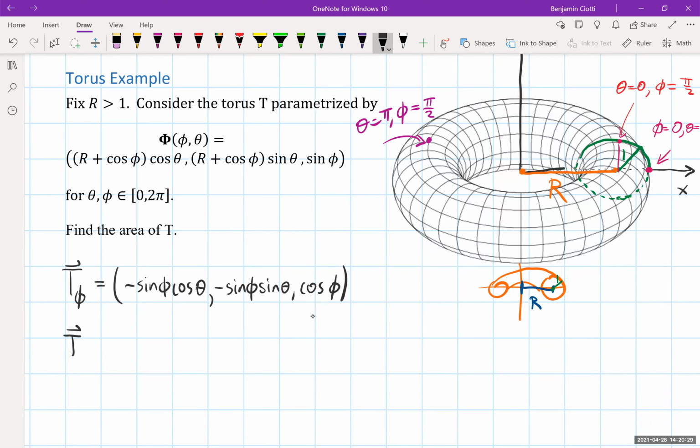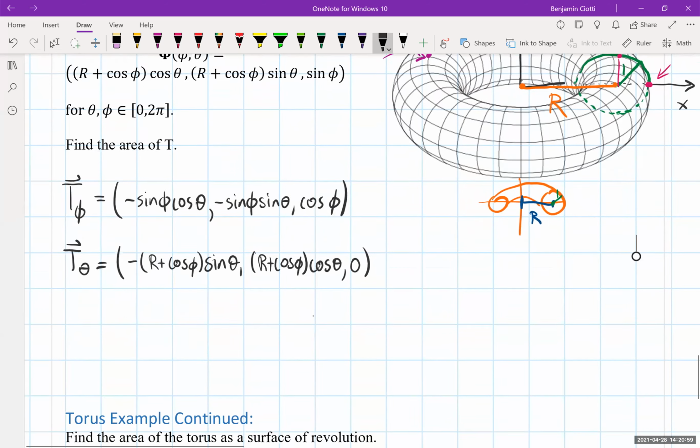That would be one of your tangents. Your other one, T_theta, would be (−(R + cos φ) sin θ, (R + cos φ) cos θ, 0). You can see this problem's already looking fun.